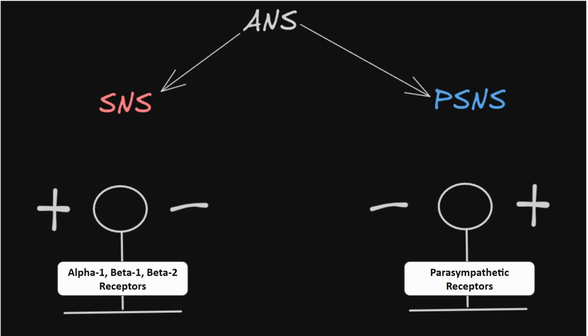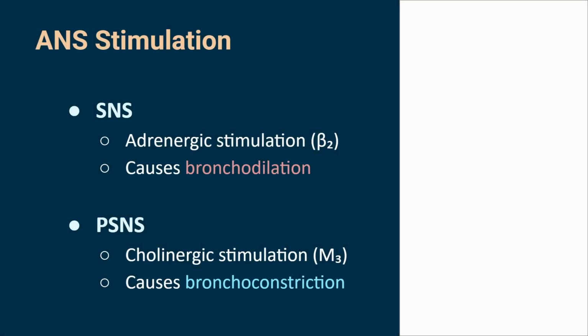Yep. What do they do? None of your business. As an example, autonomic nervous system stimulation will cause bronchodilation. But if we agonize the parasympathetic nervous system, specifically those cholinergic receptor sites, it'll cause bronchoconstriction.